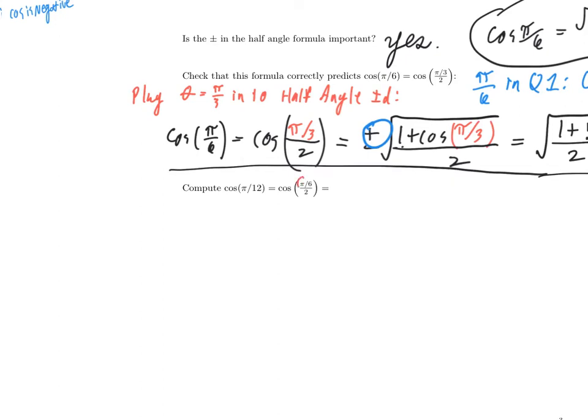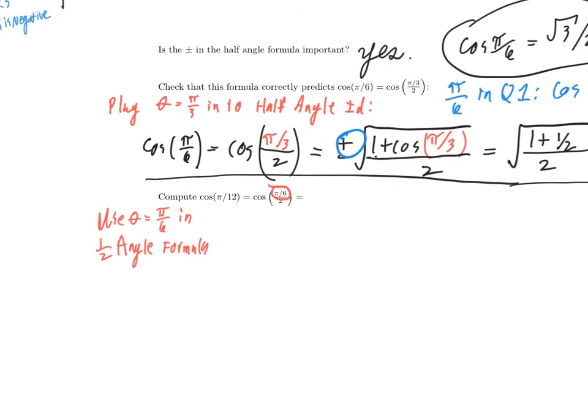I'm going to take that in for theta, use theta equal to pi over 6 in the half angle formula. And we will get that this is plus or minus the square root of 1 plus the cosine of pi over 6, all over 2. And then we'll walk from there.